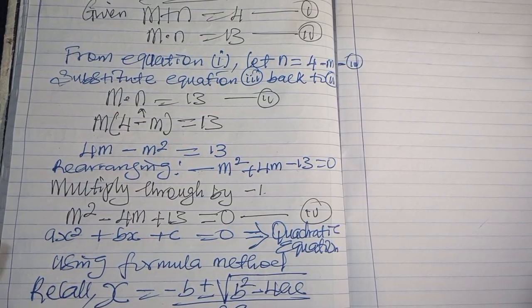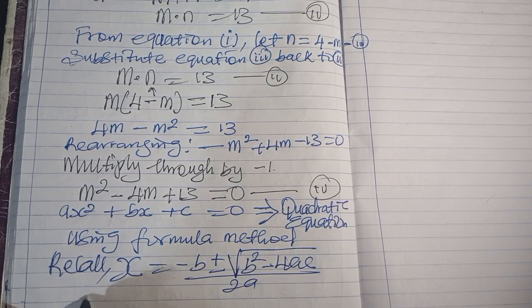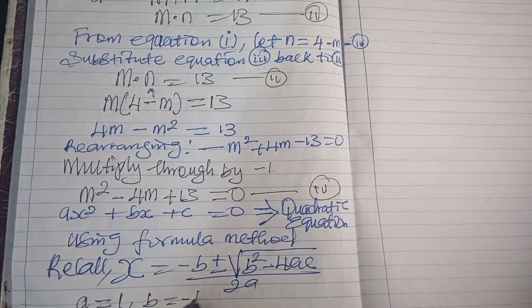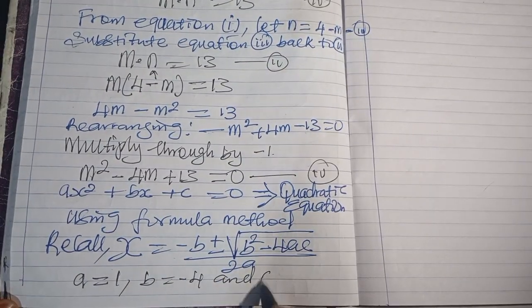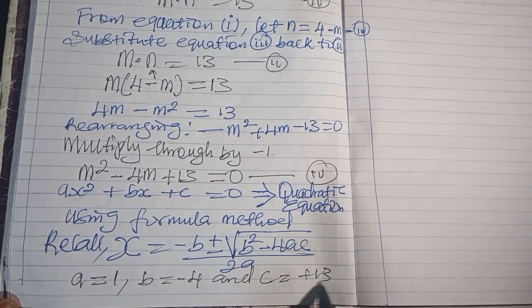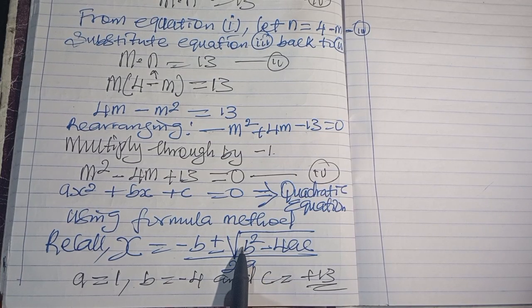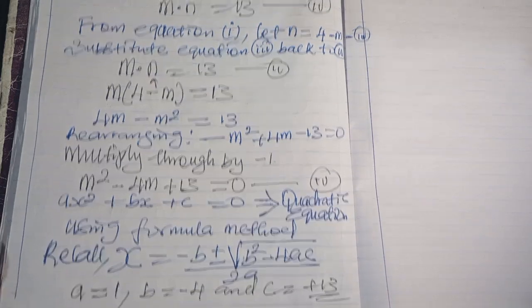Now when you compare this equation, you recall that our a here is 1, then b is minus 4, the middle term, and c is equal to positive 13. Now let's substitute these values back into this equation so that we can find the two values of both m and n.